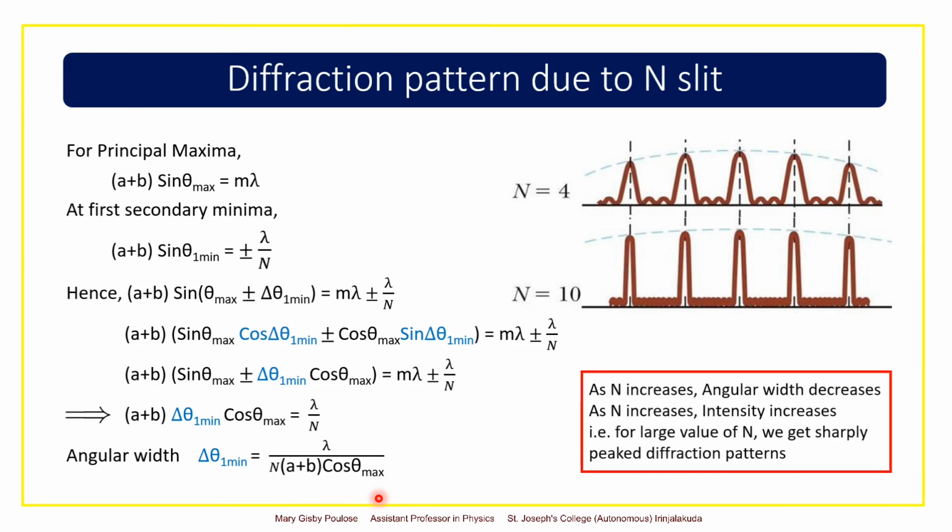Hence, we get the conclusion that as the number of slits n increases, the angular width will decrease, and as the number of slits n increases, the intensity of the pattern will increase. Hence, for large value of n, we will get a sharply defined peaked diffraction pattern. This is what we observe in the diffraction pattern from a plane grating.